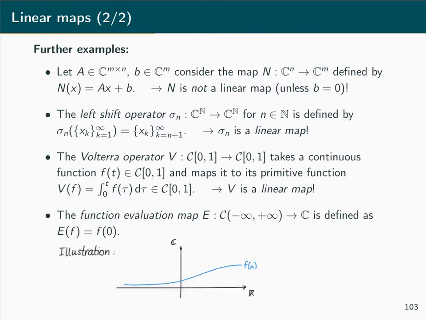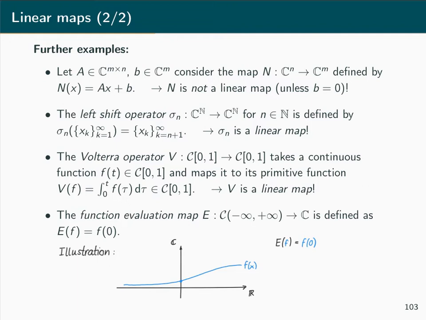To better understand the meaning of this map, let's also look at a quick illustration. Here we have a continuous function f of x on the interval from minus infinity to plus infinity, and how the map E works now is it takes the entire function f and maps it to its value at x equal to 0. Now the question is, is this function evaluation map E a linear map?